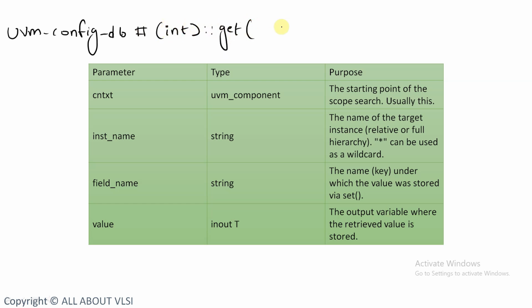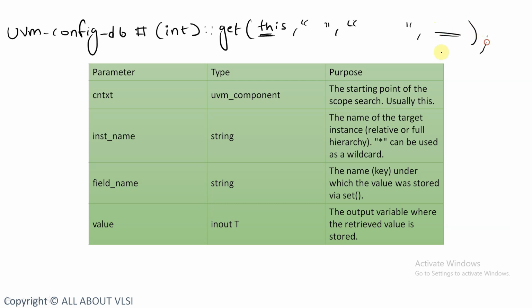Here, the first argument we should always mention is this. This refers to the current component object, followed by the path. There is no need to mention any path because we are receiving the data. Then the string key value, followed by the variable in which you want to store that value.